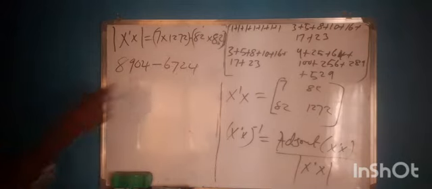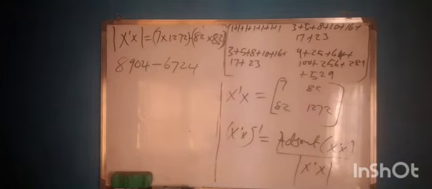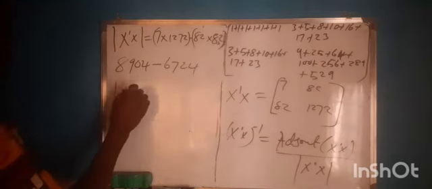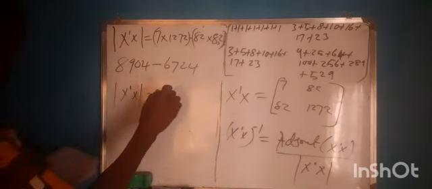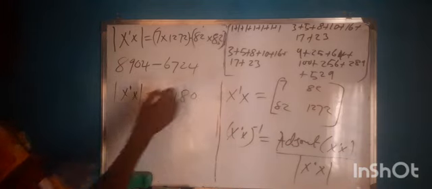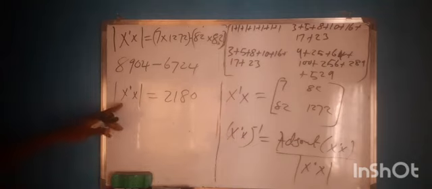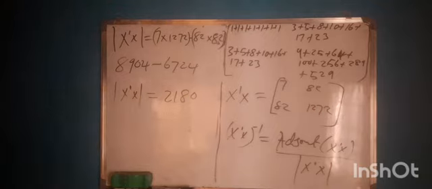So if you subtract 6724 from 8904, we have our determinant of X transpose X to be 2180. This matrix X transpose X is also called the information matrix in response surface methodology.